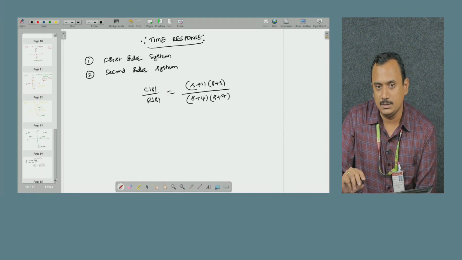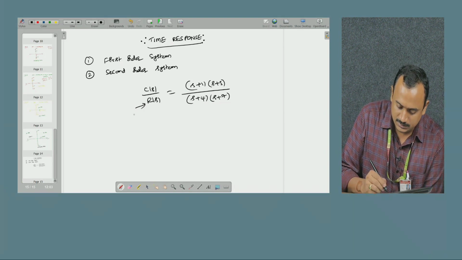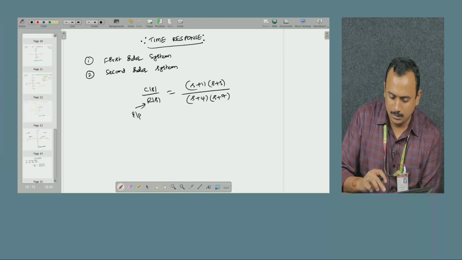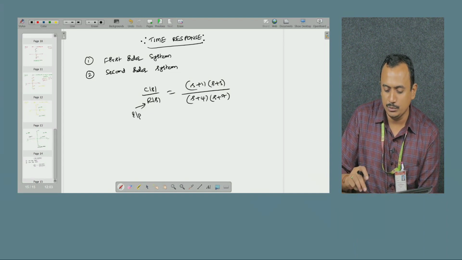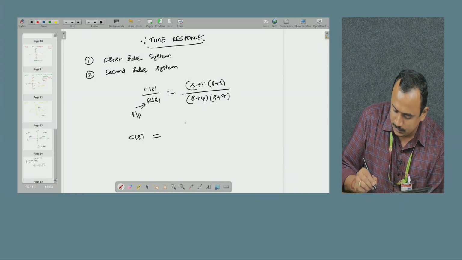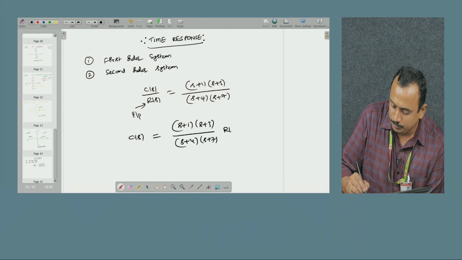To find the response, we need to have R of s. R of s is your input. After applying the input to this transfer function, what does it become? C of s is equal to s plus 1 into s plus 3 by s plus 4 into s plus 7 into R of s.